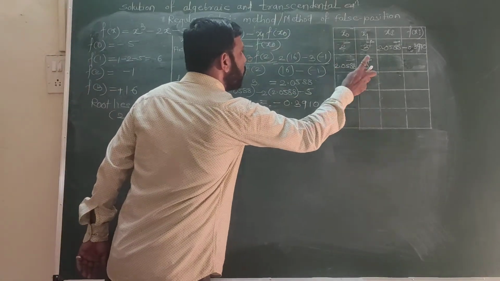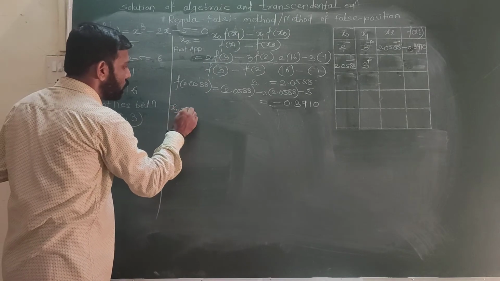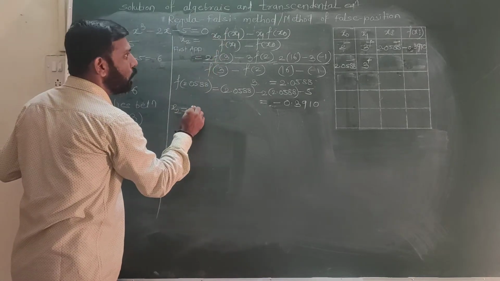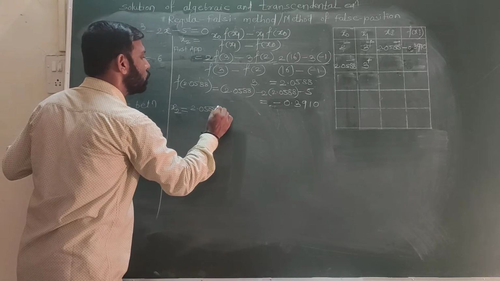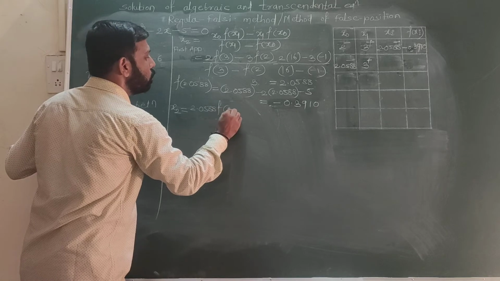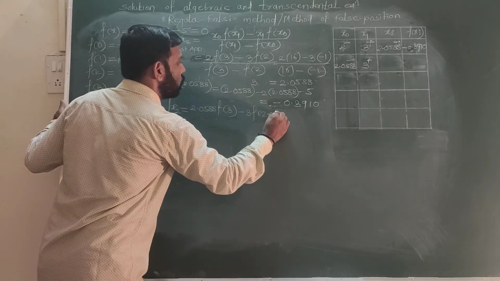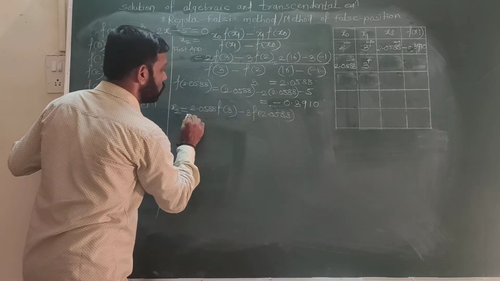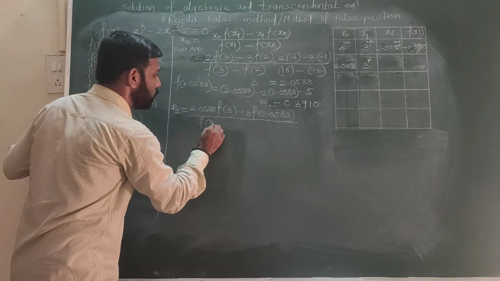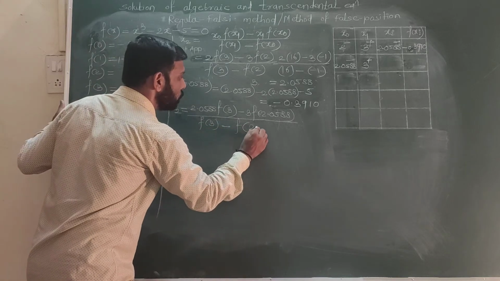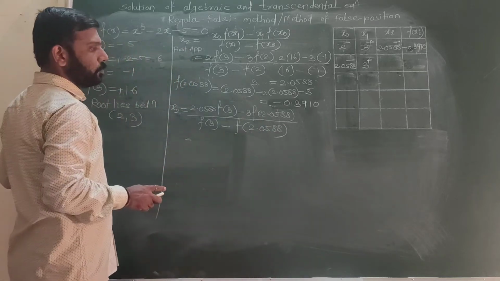This is the x0 value and the x1 value. Now the formula remains the same for x2.